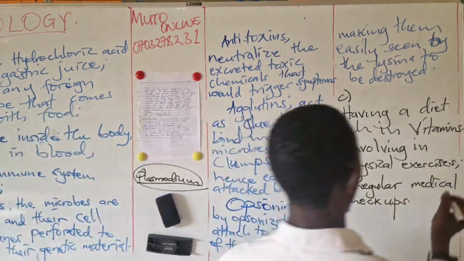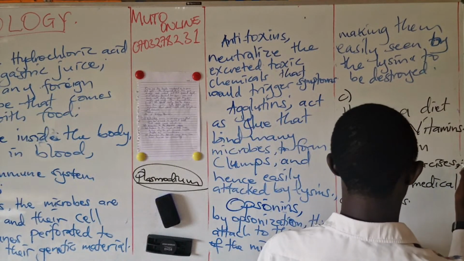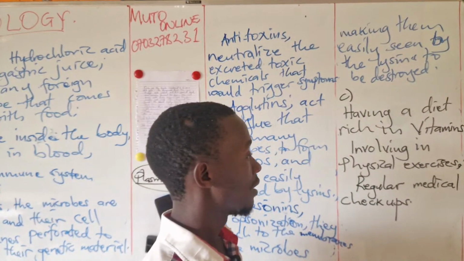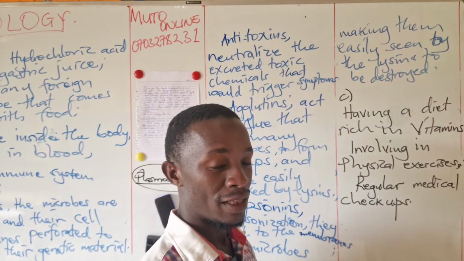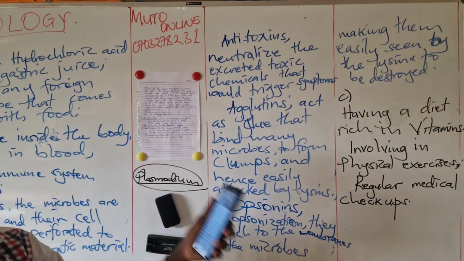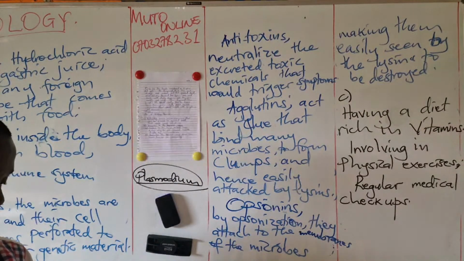Yes, Timothy is telling us that physical exercise enhances blood saturation such that the immune cells are transported frequently and regularly to the parts where they are needed. This is a great contribution, by the way.